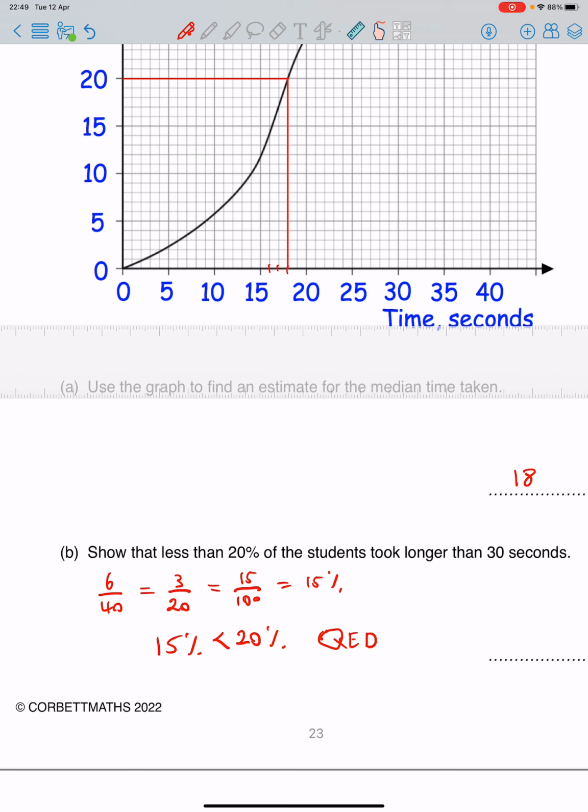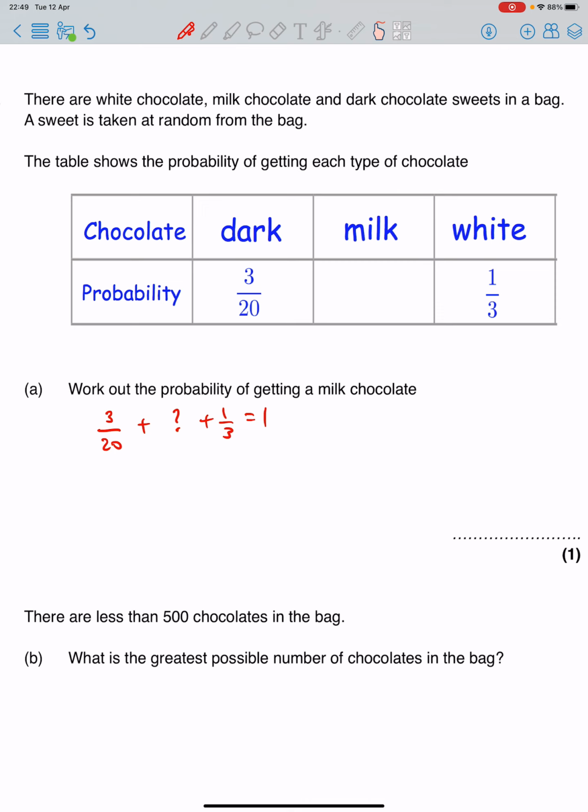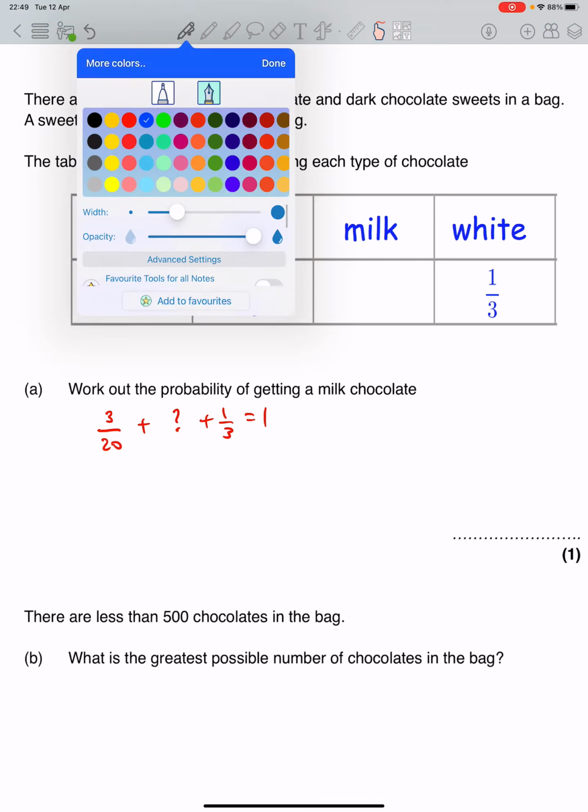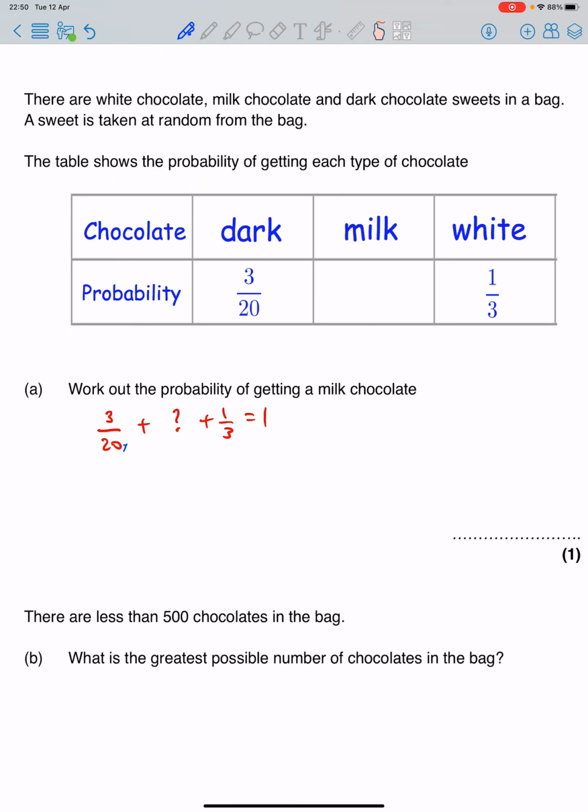So all probabilities must add up to 1. So we've got 3 over 20 plus our unknown milk chocolate plus a third, which should all equal 1. If we add the 3 over 20 and the 1 over 3 together, times this by 3, that by 3, this by 20, that by 20, that gives us 9 over 60 plus 20 over 60, and that is equal to 29 over 60.